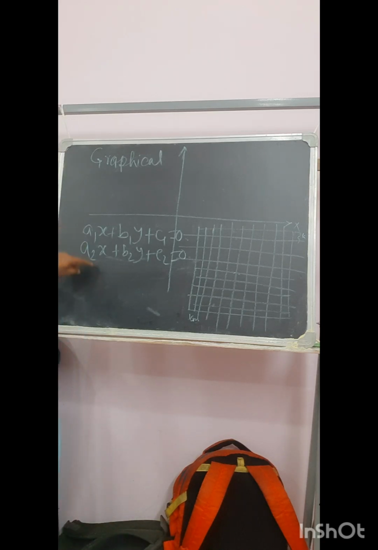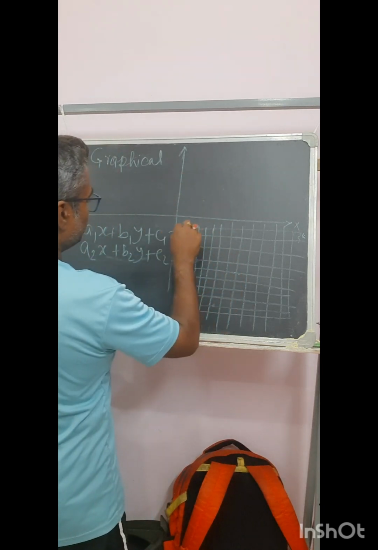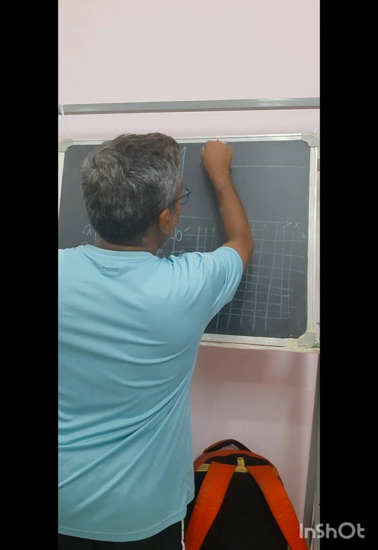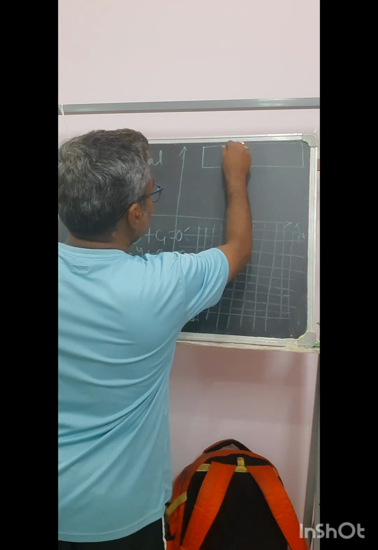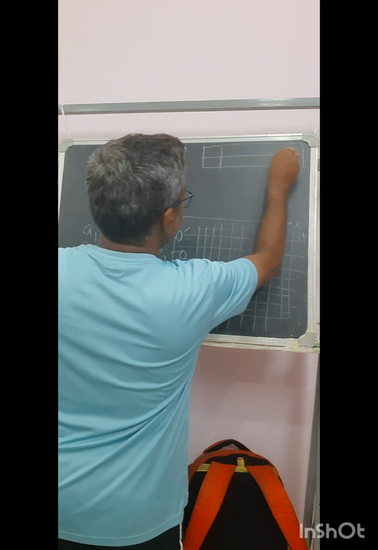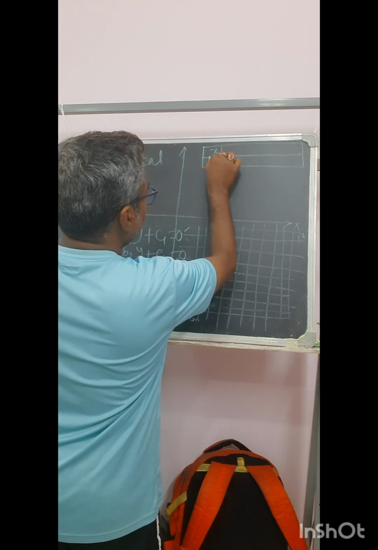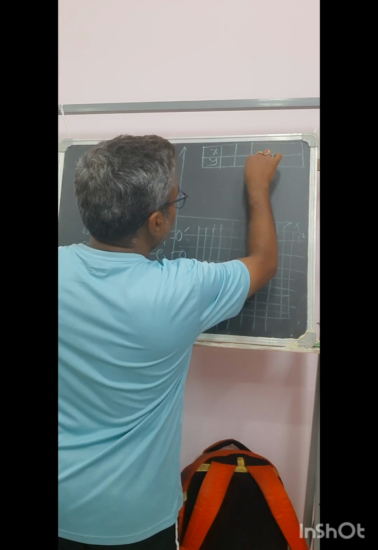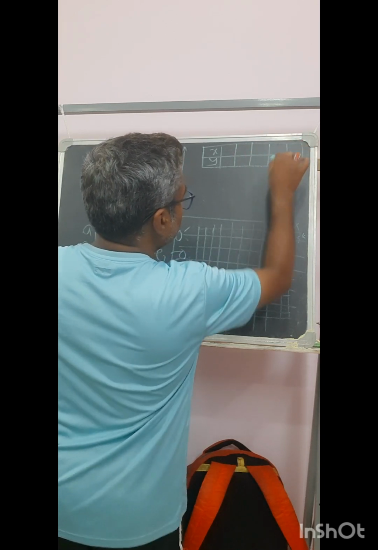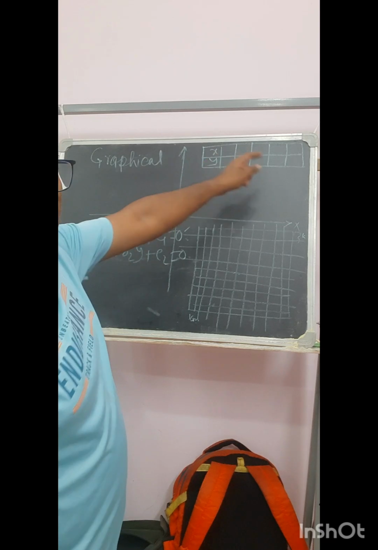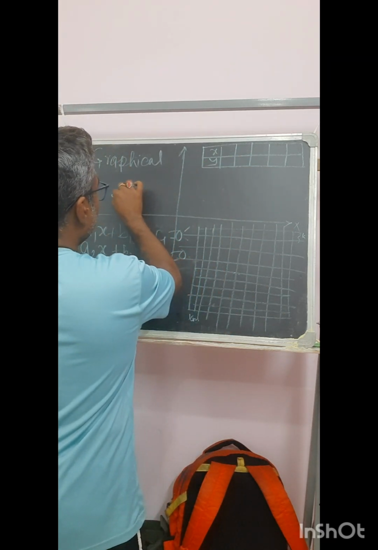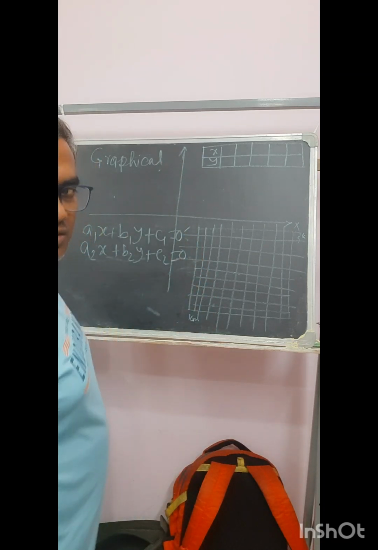So if these two are representing two equations, for the graphical method, what I will do, for equation 1, I will take a table which will be divided in such a way that for the independent and dependent variable, I will assume some value of x, and accordingly I will plot some value of y. Now you know, to draw a line I need 2 points to join.